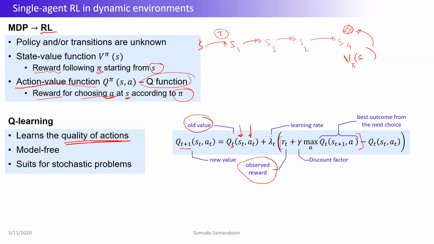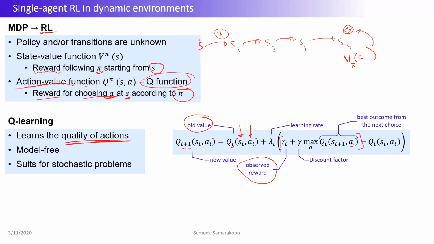However, this part is providing the best outcome from the next choice. The next state is S_{t+1}. At that state, we have many choices we can make.